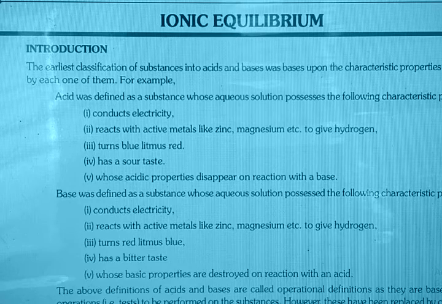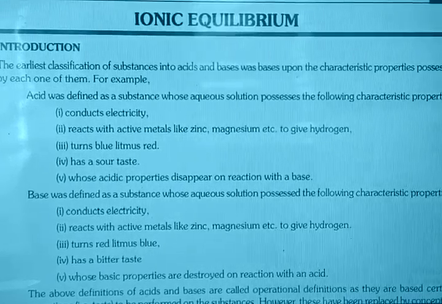The earliest classification of substances into acid and base was based upon the characteristic properties possessed by each one of them. This thing we have studied in the earlier classes also, that is how acid and base were divided, right?